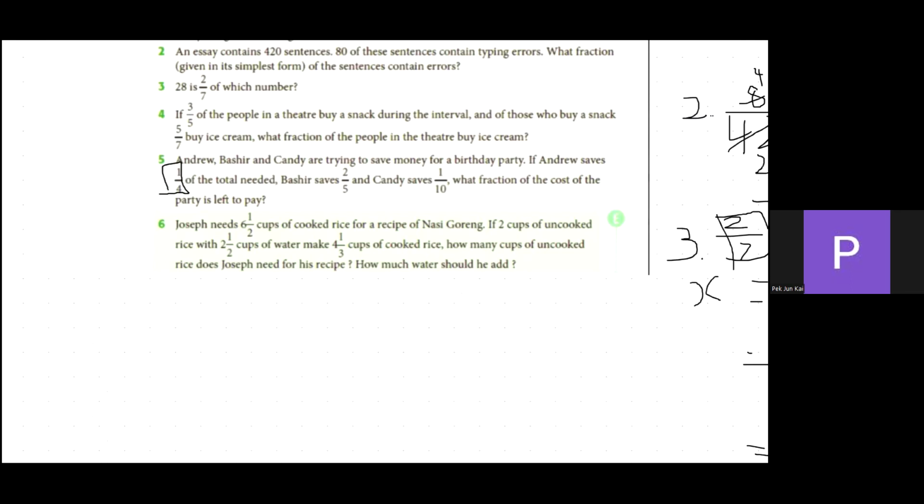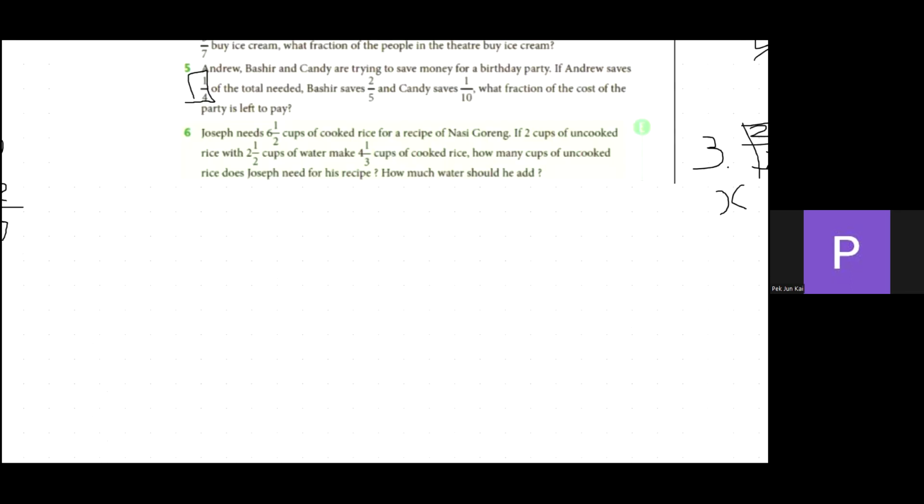So firstly, let's write it all down and find a relationship between numbers. So this is uncooked rice. This is water. And this is cooked rice.